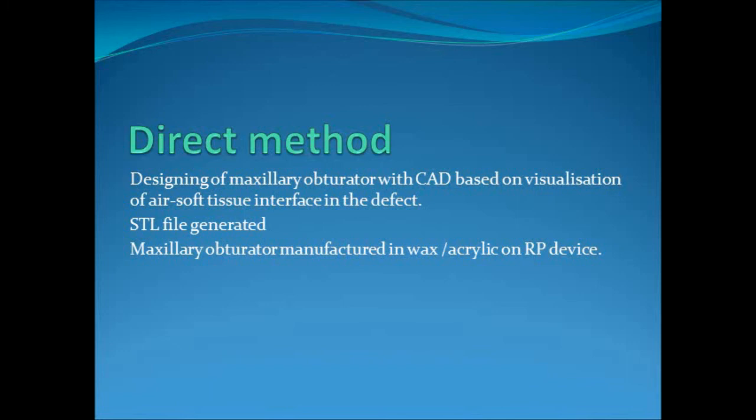Once the designing is done with the help of CAD, the STL files are generated and the maxillary obturator is manufactured on an RP device either in wax or acrylic resin. If it is in wax, it is converted into acrylic resin by conventional means. So this is the direct technique where you are designing the whole process with the help of CAD, and the following steps are the same as that of the indirect process.